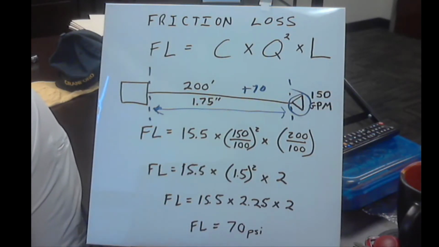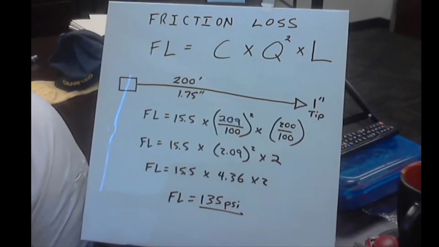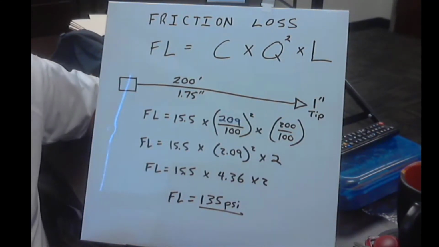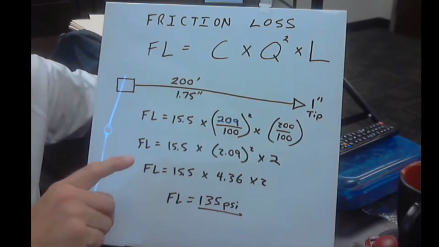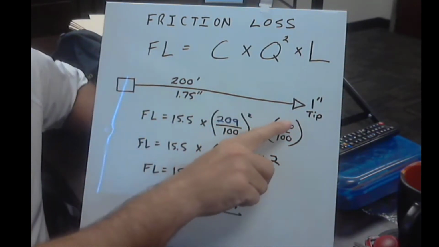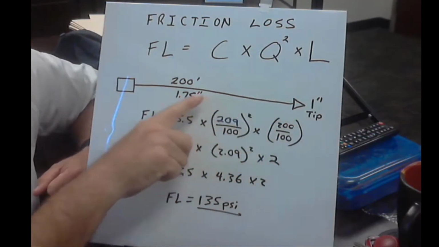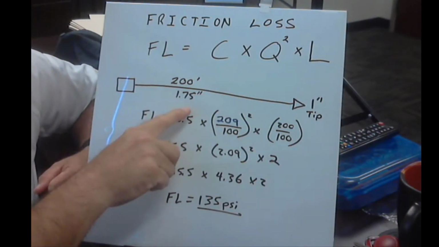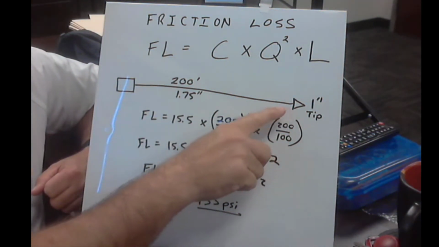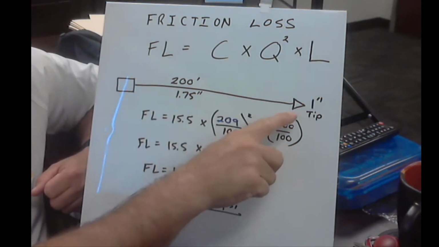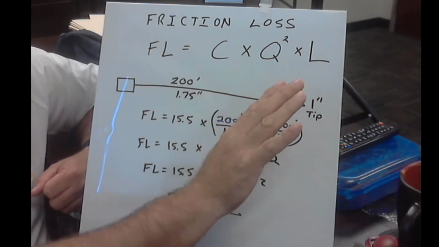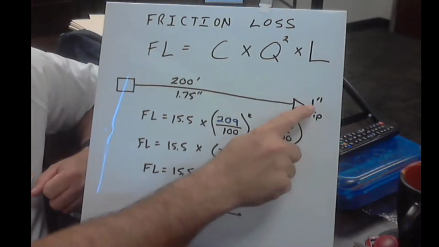Our next example. Here we have a smoothbore tip on the end of a hose line that was similar, 200 feet of 1 3/4, but in this case, rather than having an automatic nozzle or a variable nozzle with 150 GPM as our setting, we have a 1-inch tip.